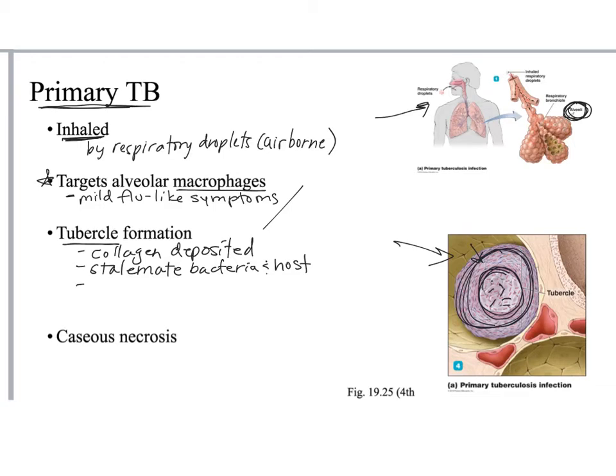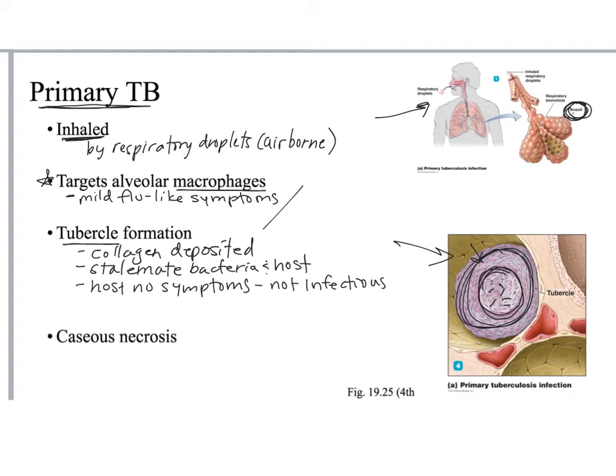Okay, the host during this stalemate is not going to have any symptoms. Okay, and the host is not infectious. Okay, in other words, it's a latent infection.